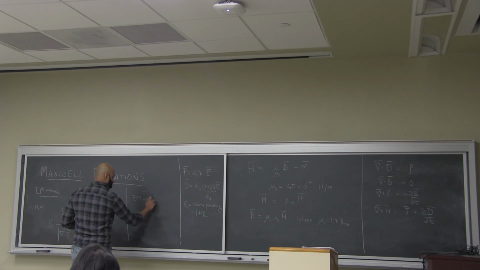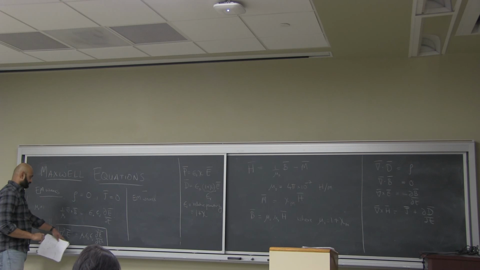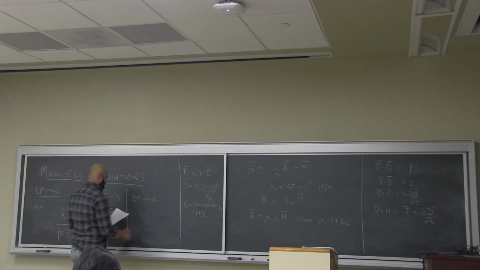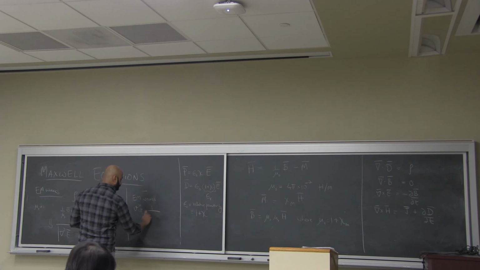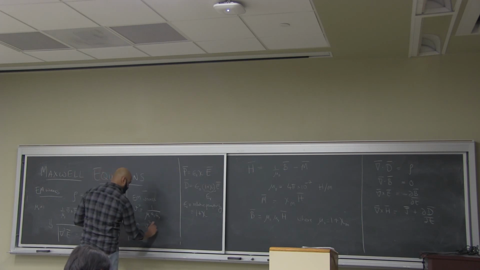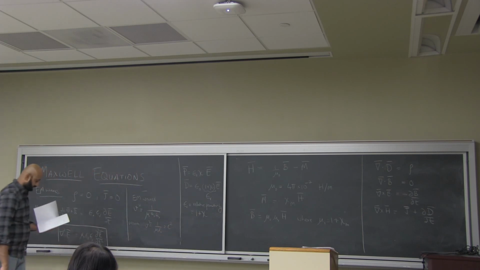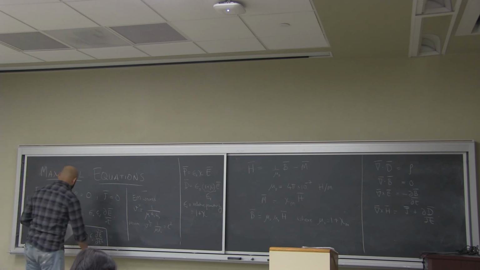right? Because each of these components, Ex, Ey, and Ez, for example, would satisfy a wave equation which has velocity v squared equals 1 over mu naught epsilon naught epsilon r. For vacuum, when epsilon r is also equal to 1, then v squared is equal to 1 over mu naught epsilon naught, which is equal to c squared, the speed of light. All this is pretty straightforward. You've seen it.